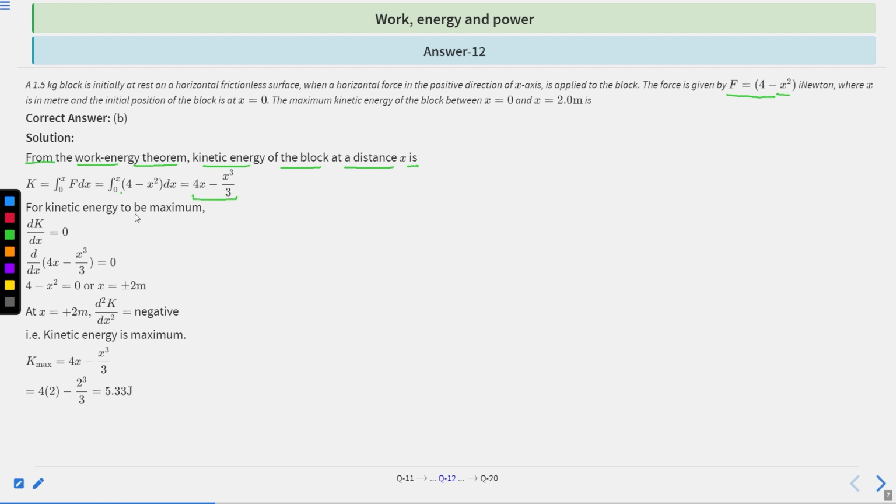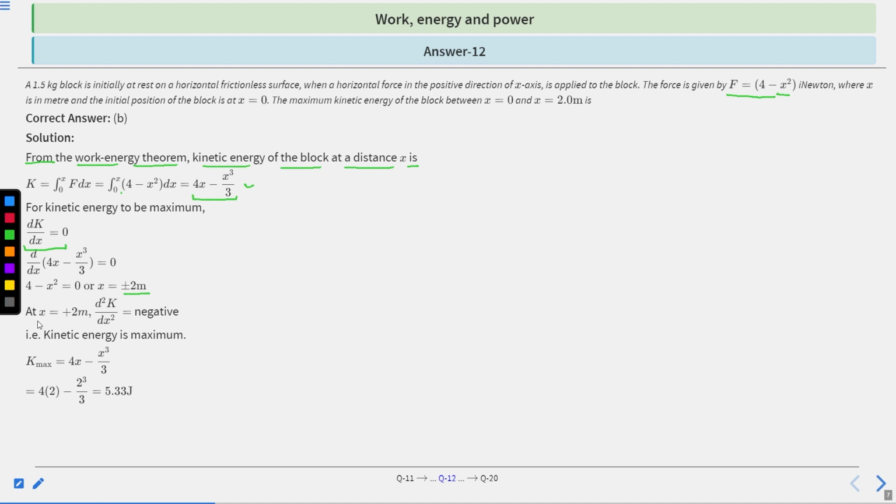For kinetic energy to be maximum, dK upon dx should be equal to 0. Clear? Putting K as 4x minus x cube divided by 3 in this derivative, you will get after differentiation 4 minus x square equal to 0, or x equal to plus minus 2 meter. Clear?